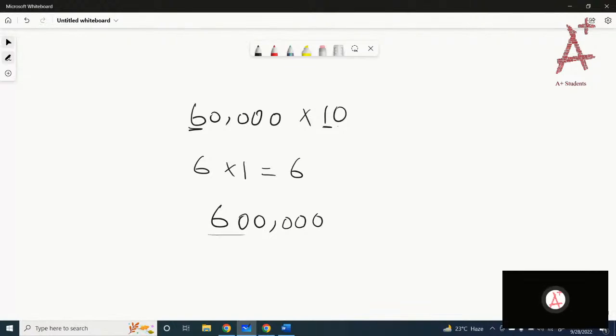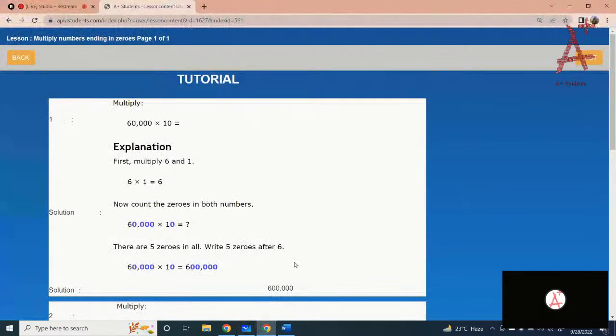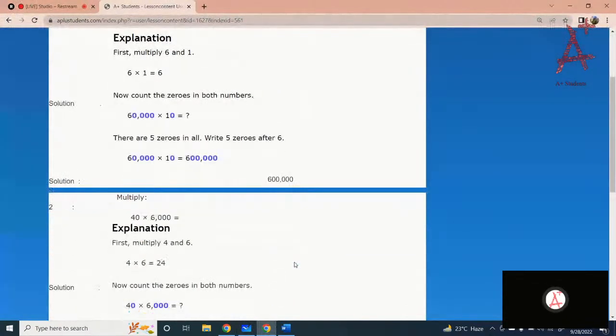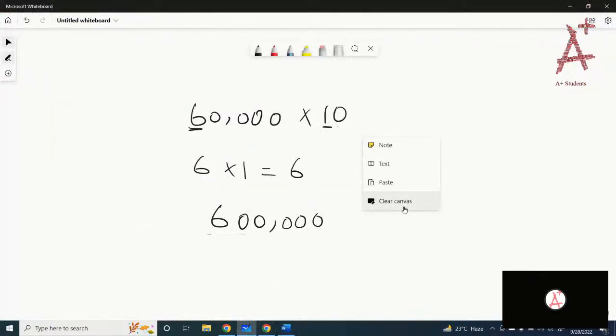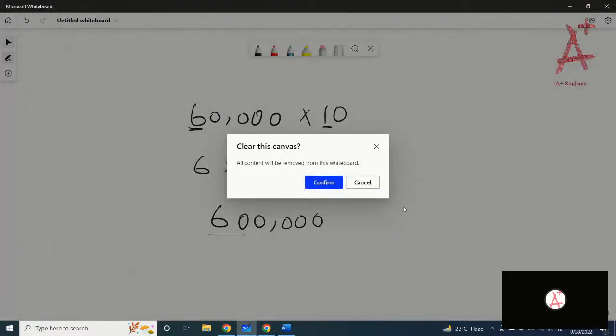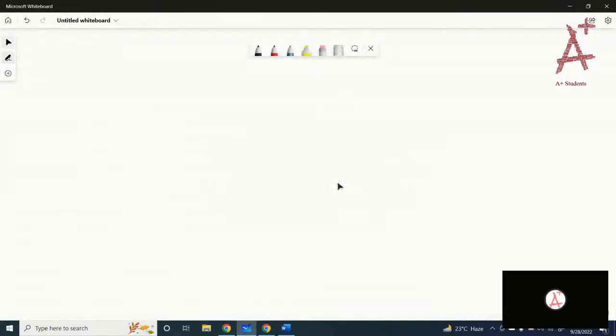Okay, the next one, let's do another example. The other example is 40 times 6,000.